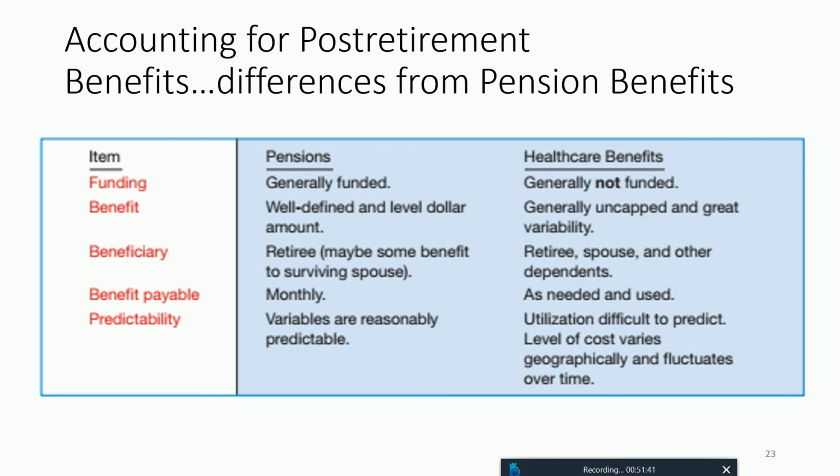The benefit for a pension is well defined, it's a level dollar amount. For healthcare benefits, oftentimes they are not defined. And what this usually means is it's uncapped, meaning you can use it as much as you want, depending on what your needs may be.